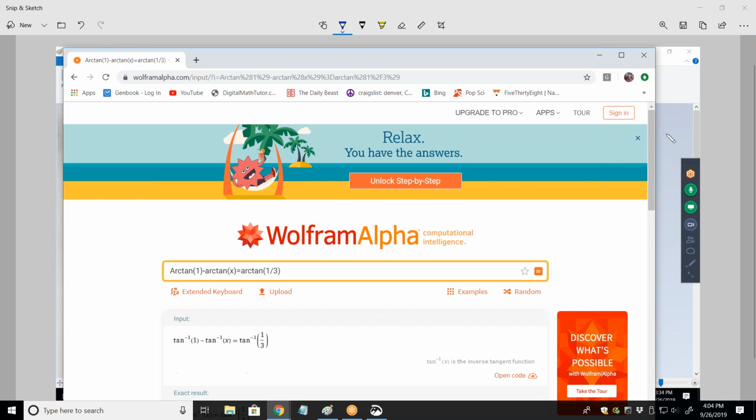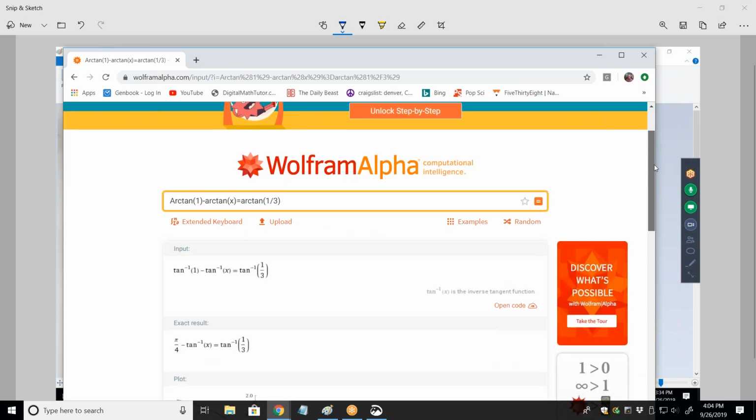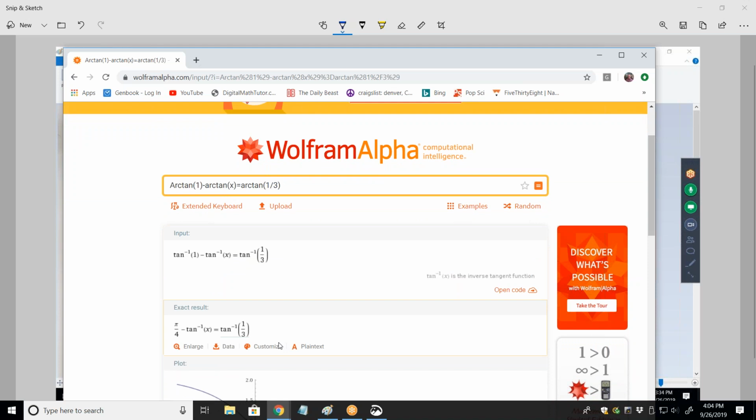Now, let's see what Wolfram Alpha has to say about this. The exact result is what I wrote: pi over 4 minus inverse tan of x equals inverse tan of 1/3. Do realize that the inverse tan of 1/3 is a number, which you could then combine with the pi over 4, which is a number.